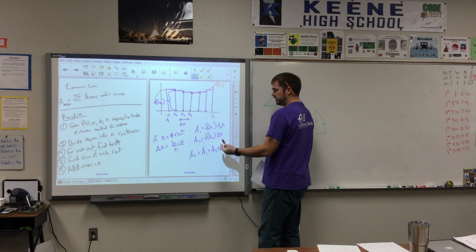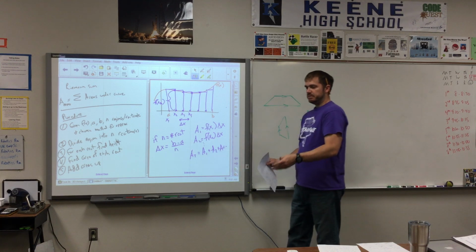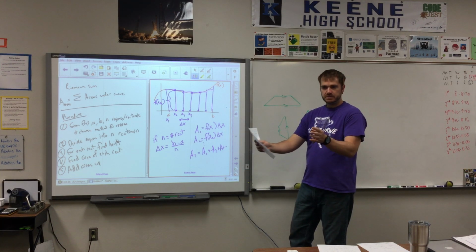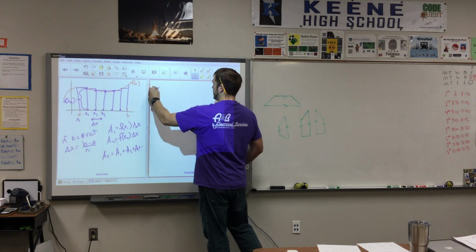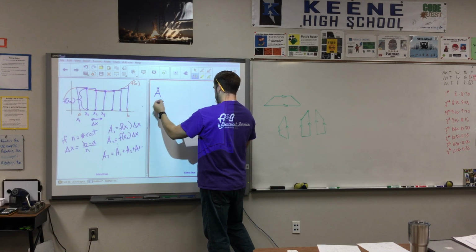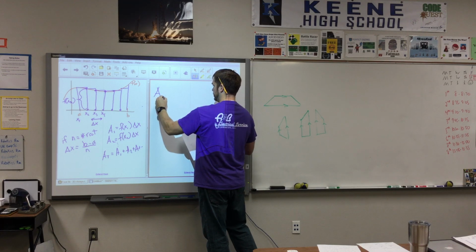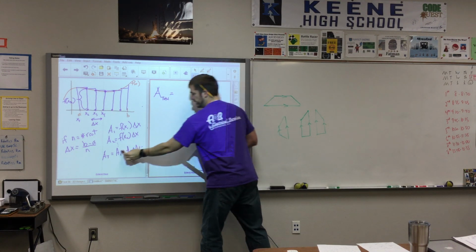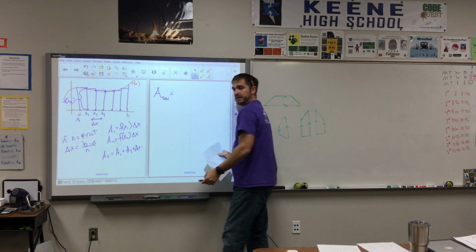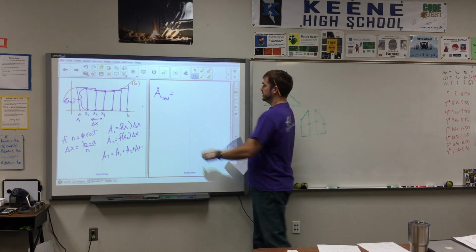Mathematically, anytime we, as mathematicians, have a way of writing a whole bunch of things in a shorter way, we take it. So we say that the total area, let's put A total, equals, y'all remember the way that you write an indication for summation? The sigma.